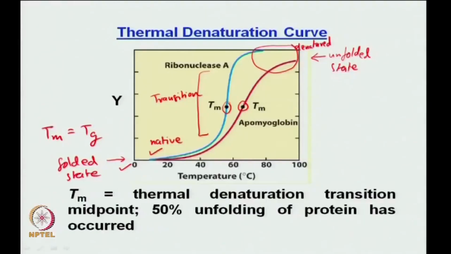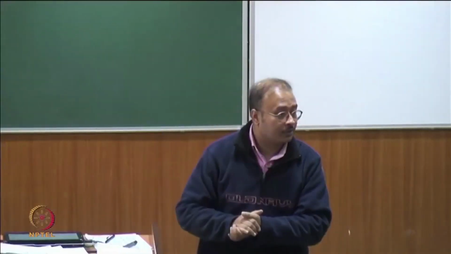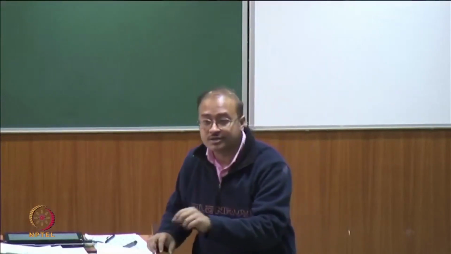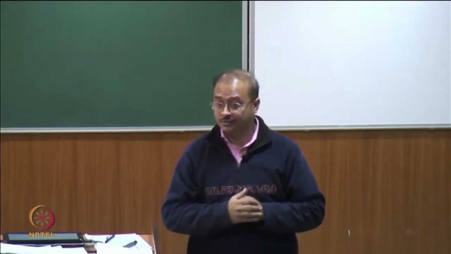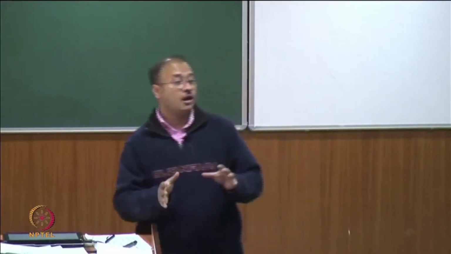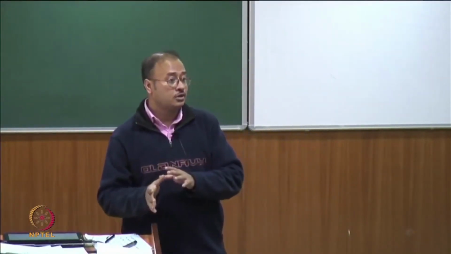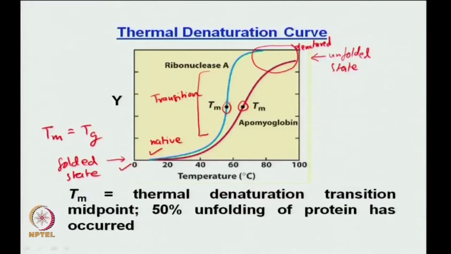What does it mean by cooperativity? It means you open one, everything else gets opened, and this cooperativity is typically determined by the suddenness of the change in transition, right. So, this is the other important point which you can interpret based on this figure.